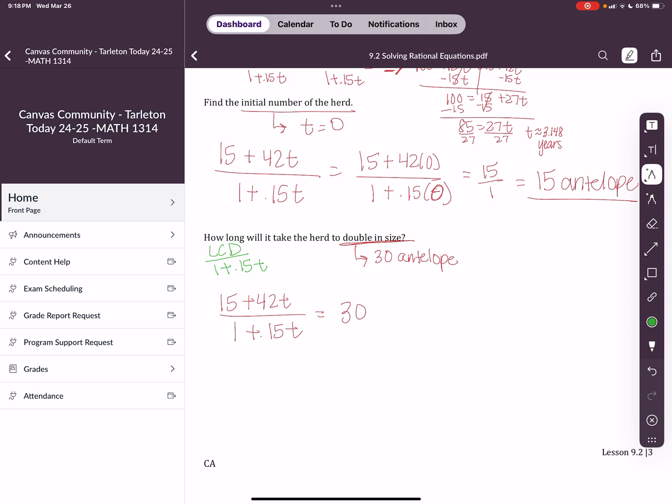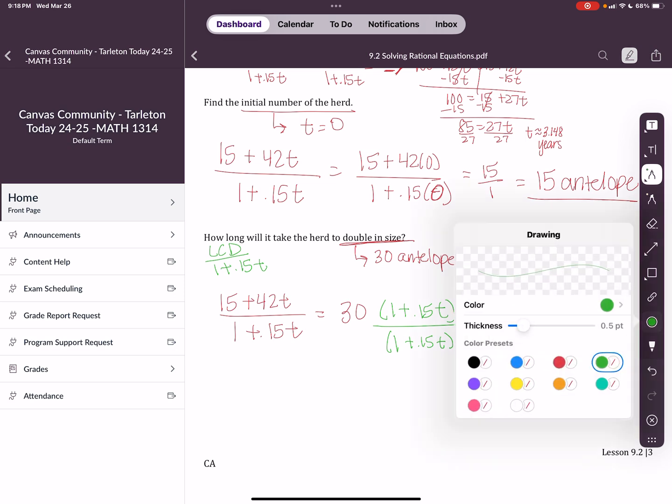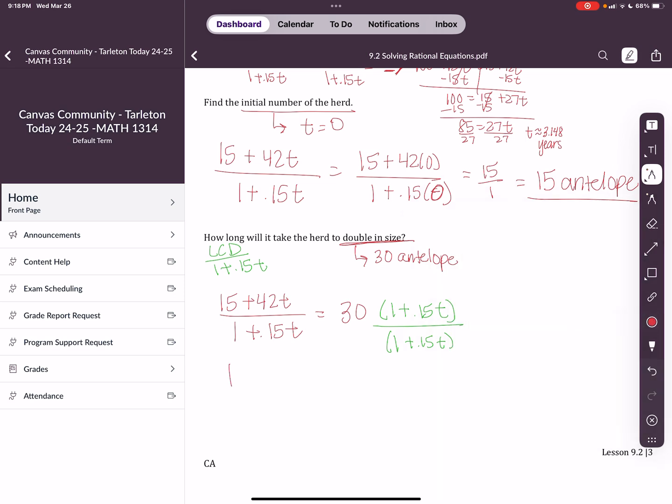So if I have this number 30, and I need it to have a denominator of 1 plus 0.15t, I'm going to multiply the top by 1 plus 0.15t, and the bottom times 1 plus 0.15t. Okay? And so the left side obviously is going to stay the same. So we get 15 plus 42t over 1 plus 0.15t. Now 30 times 1 gives me 30. 30 times 0.15, if I remember right, gives me 4.5.